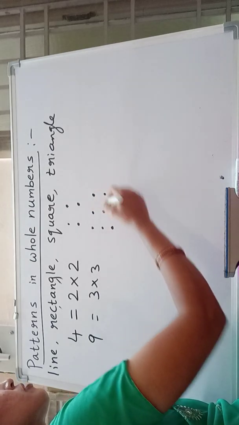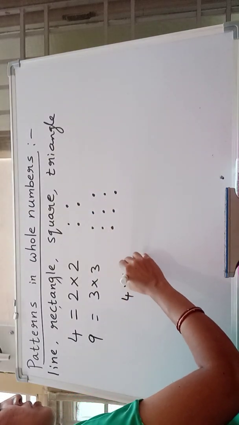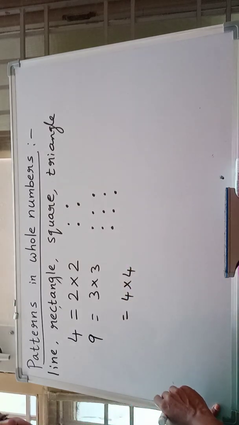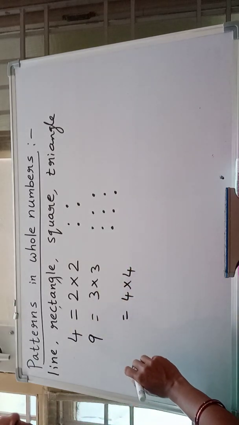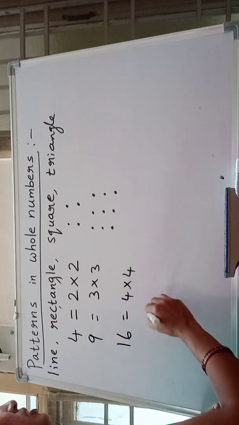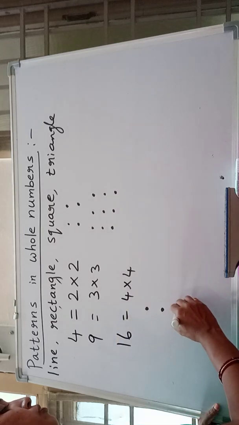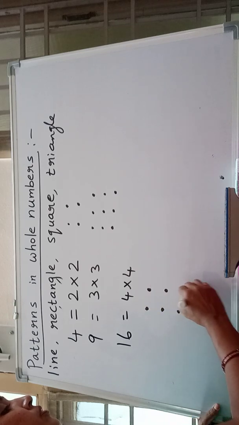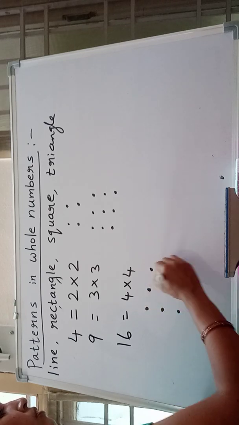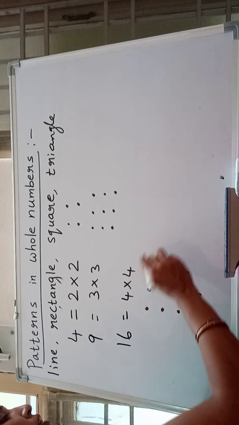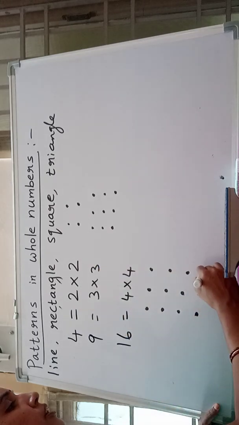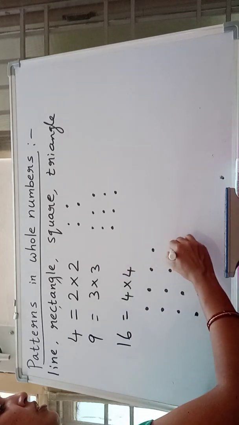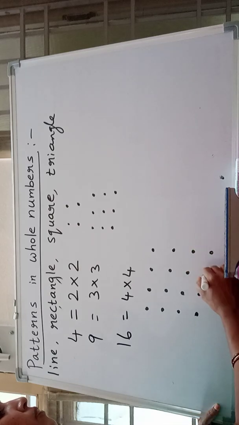Then for the next natural number, that is 4, 4 fours are 16. With 16 dots again square shape is possible. 4 columns and 4 rows. Okay, 4 rows are there and 4 columns are there. Then with 16 dots square shape is possible.